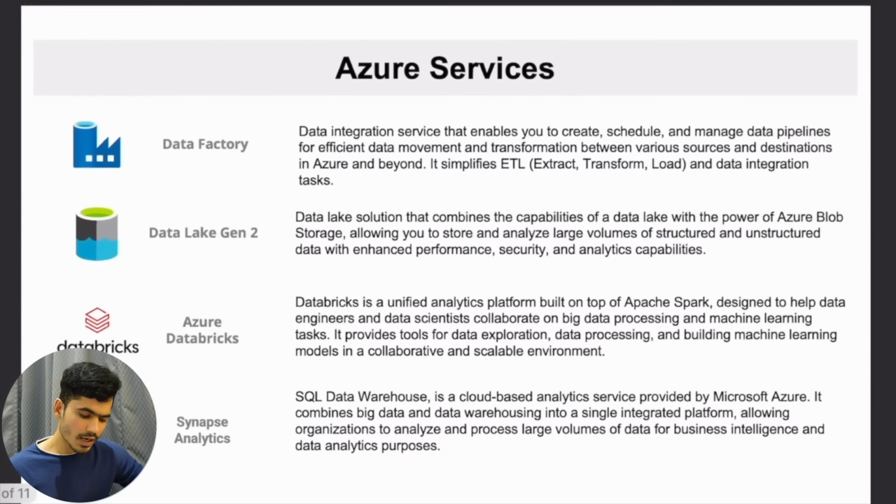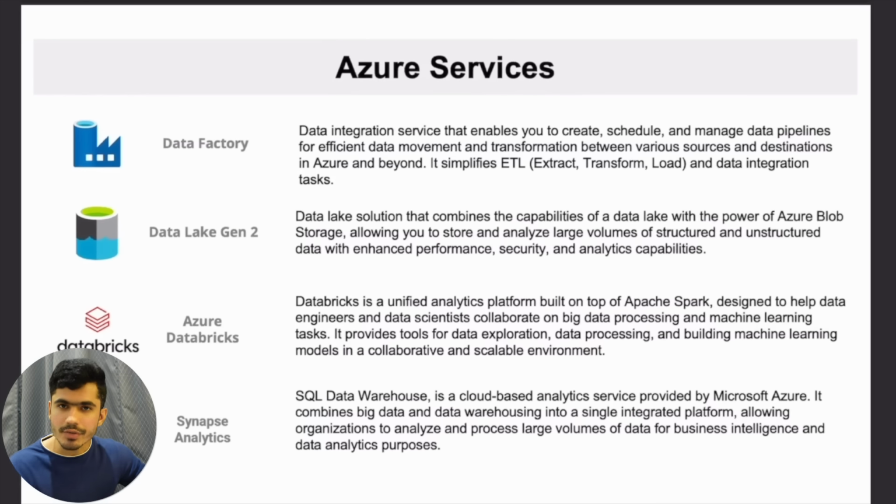Okay, now let's try to understand the Azure services. We have multiple services available, which we already talked about in our architecture diagram. So the first one is the Data Factory. Data Factory is a data integration service that enables you to create, schedule, and manage data pipelines for efficient data movement and transformation between various sources and destinations.